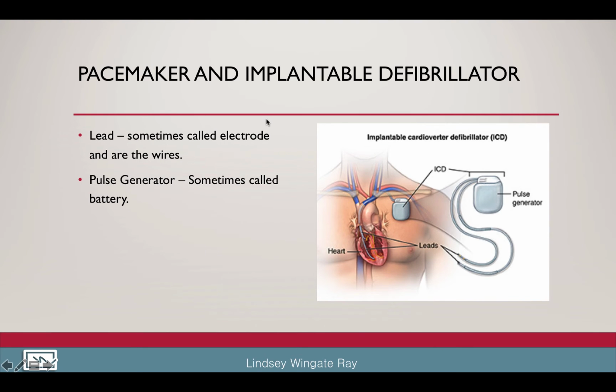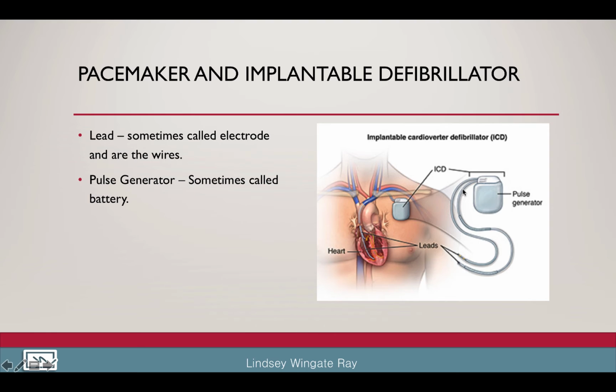This is what a pacemaker defibrillator system looks like. For every pacemaker and defibrillator system, you have a lead, and the leads are these wires right here that are coming off of the pulse generator. So leads are also called electrodes. They are sending the electrical stimulation.